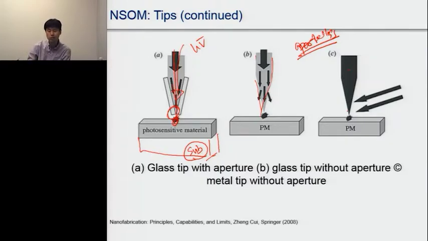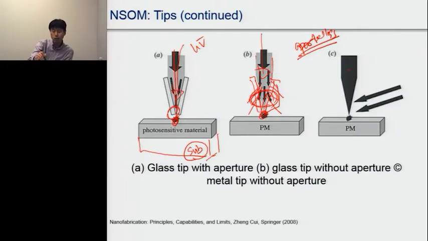In this case, we can apply the light through the tip. But since we don't have an aperture, it is very hard to control the light coming out, not only from the tip, but also from the other side.